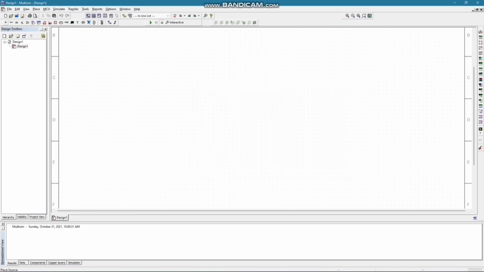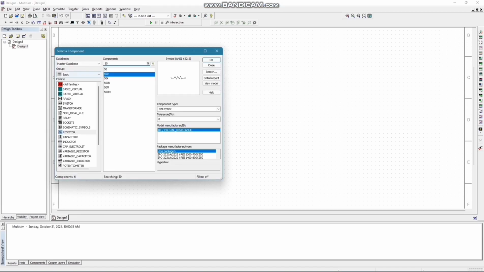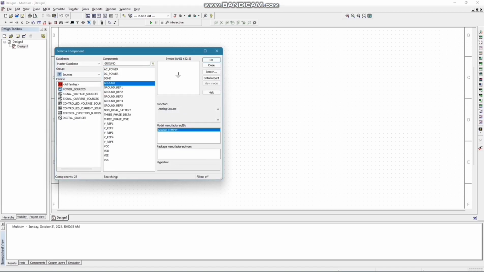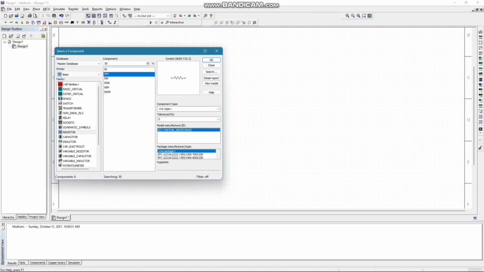Moving on, we are now going to draw the circuit diagram of the bridge rectifier. Here I am using a software called Multisim by National Instruments to simulate the circuit diagram of the bridge rectifier. Let us start by putting the AC power supply. Then we shall put the transformer.